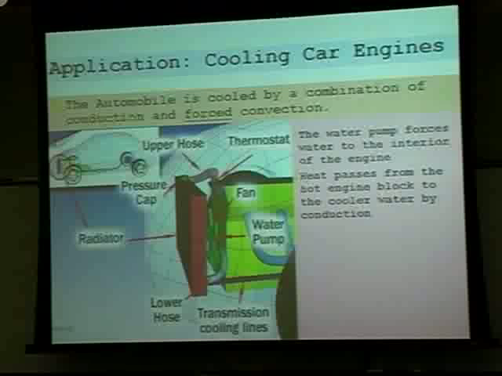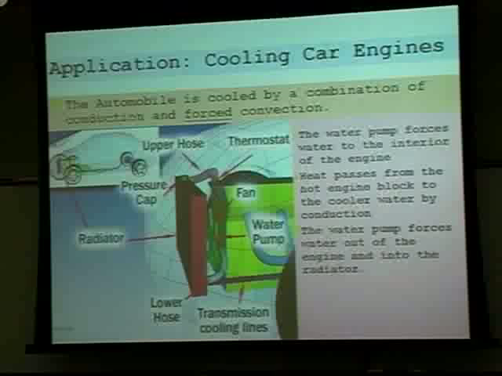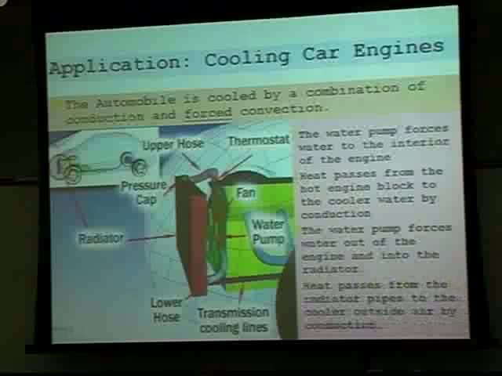So the engine block will cool off by transferring heat by conduction to the water, and the water will be forced to the radiator, where by conduction it will transfer heat to the radiator itself. The radiator will transfer heat by conduction to the outside air, and the air will carry it away by convection. So, a combination, probably with a little bit of radiation going on too.